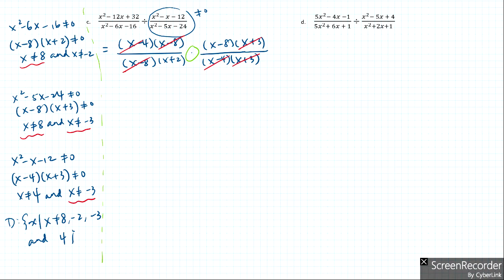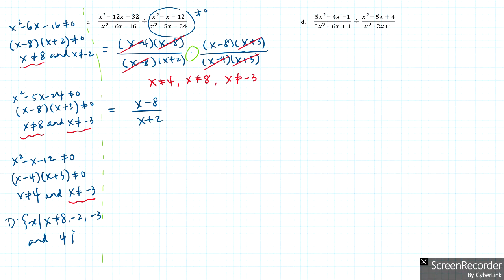So altogether, with the cancellation we have incorporated, x doesn't equal 4, so we can cancel out x minus 4, x doesn't equal 8, so we can cancel out x minus 8, and x doesn't equal negative 3, so we can cancel out x plus 3. And altogether, we would have x minus 8 over x plus 2 left.